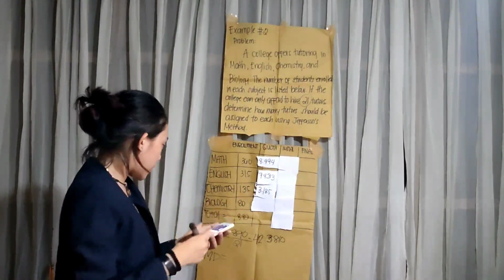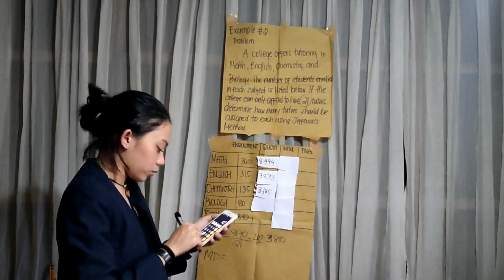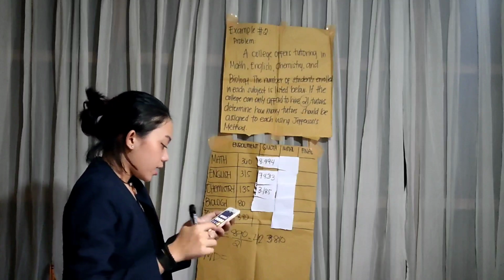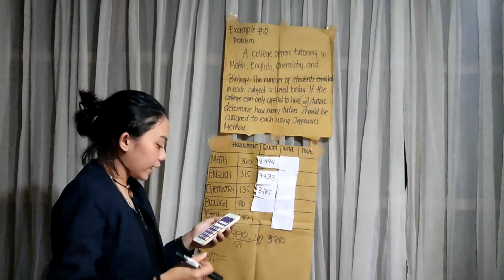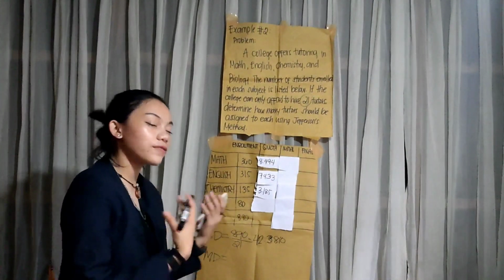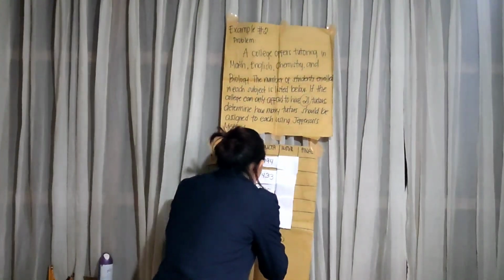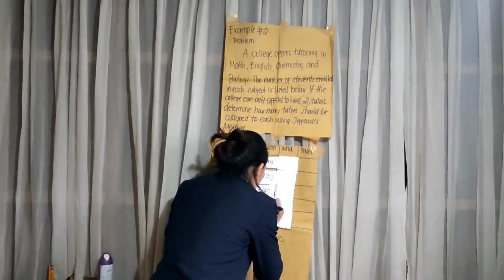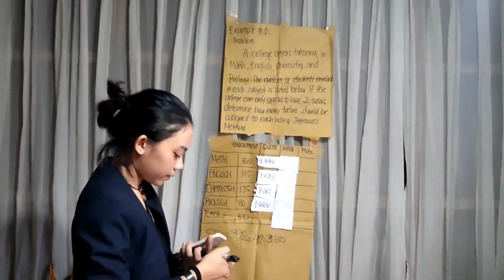In biology, we have 80 divided by 42.3810 is equal to 1.888, because let's put it in 3-digit decimal form. So 1.888.